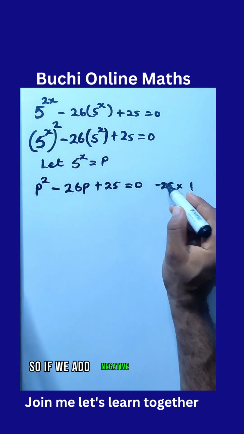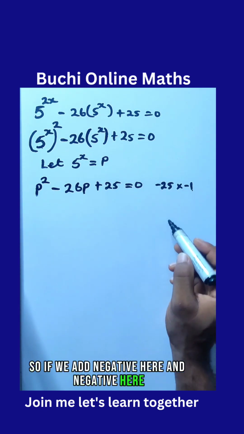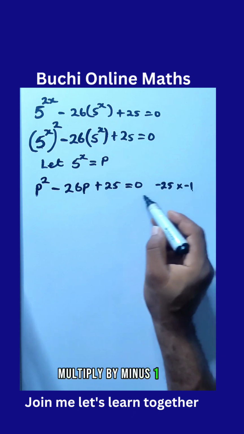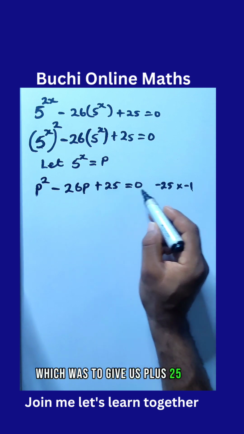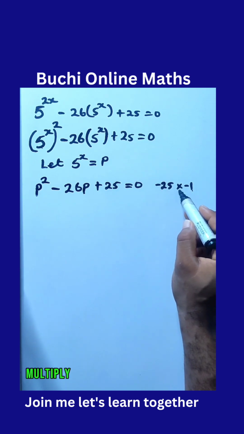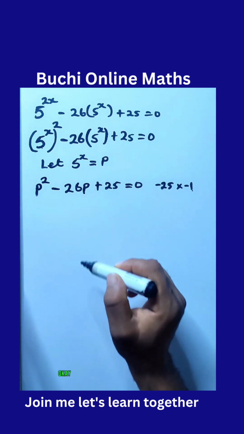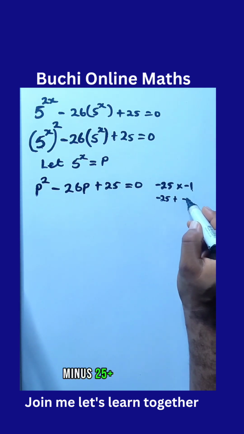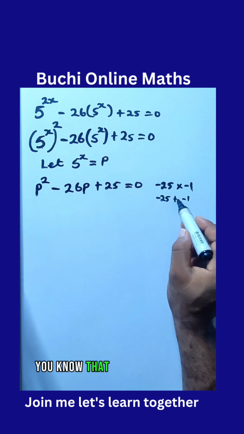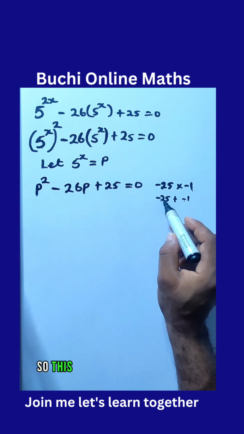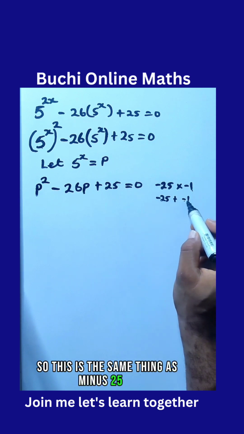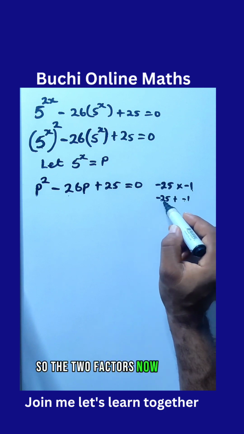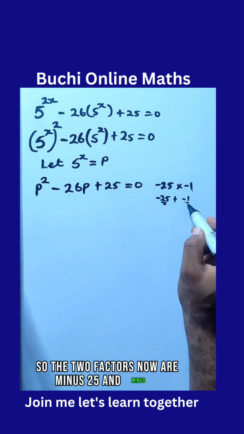If we add negative here and negative here, this becomes minus 25 multiplied by minus 1, which will still give us plus 25, because you know that minus multiply minus will give us plus. At the same time, minus 25 plus minus 1, you know that plus minus is minus, so this is the same thing as minus 25 minus 1, which is minus 26. So the 2 factors now are minus 25 and minus 1.